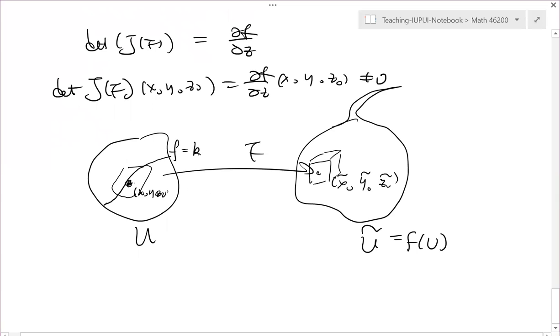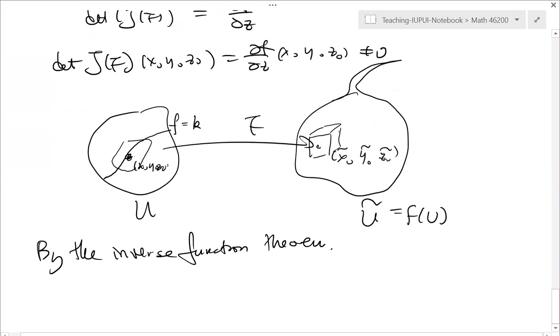According to the inverse function theorem, I'm going to find a neighborhood u tilde, and I find a smaller one, so that f is invertible. When we say smaller, it's continuous.